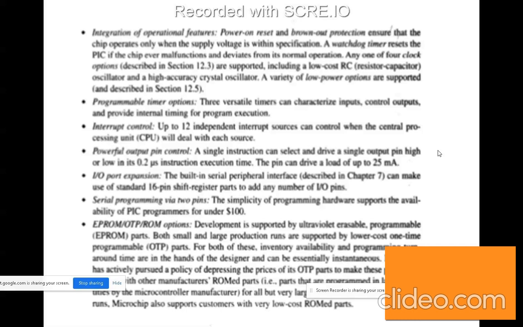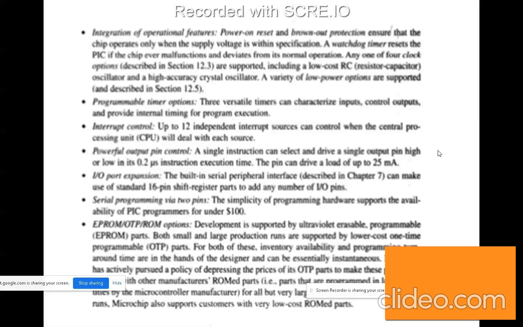So here you are going to control the output pin with a single instruction. Okay, so here a single instruction is going to select and drive the outputs, by providing a high signal or low signal. When you are executing the instruction, it will take only 0.2 microsecond.